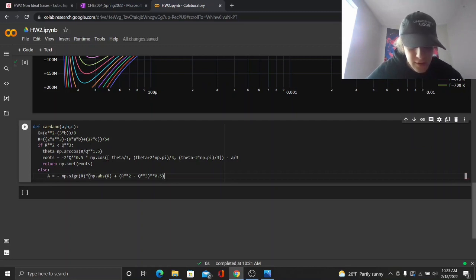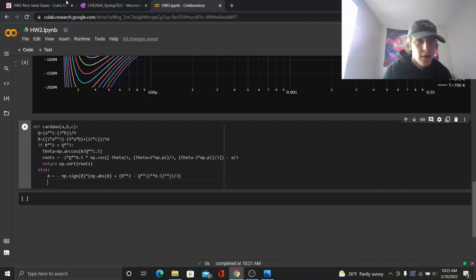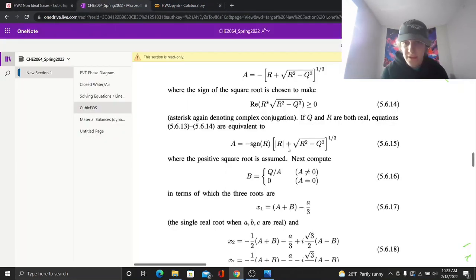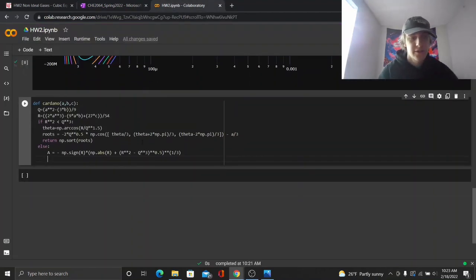And then all that to the 1/3 as well. I think that is correct, yes. And then for B, it is different when A equals 0 and when A does not equal 0. So we're going to need to define that as well.